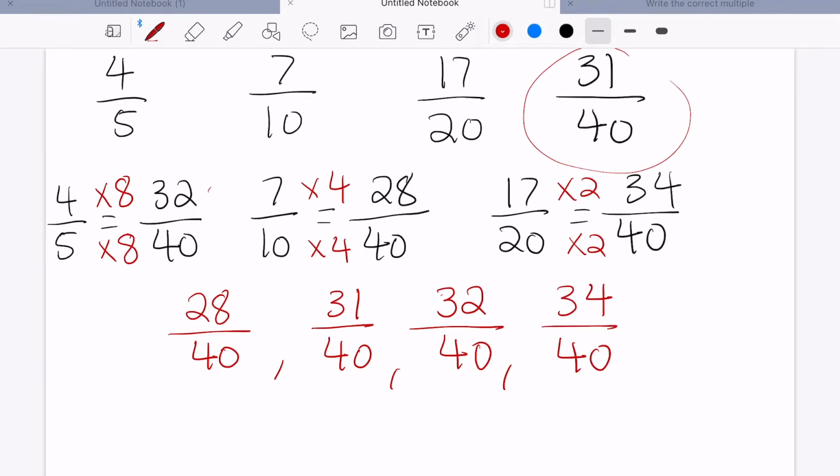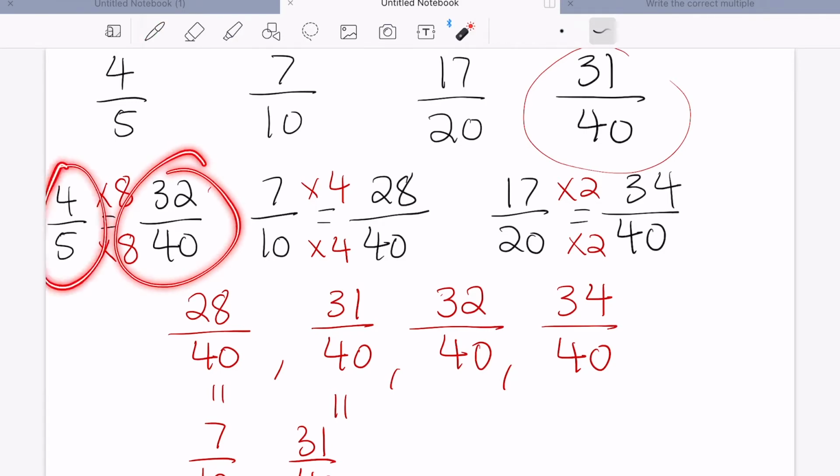All right, so here we have to remember, what is equal to what, right? So 28 over 40 is equal to 7/10. So here we're going to write 7/10 is the first one. 31 over 40 is the same. Next, 32 over 40 is 4/5.